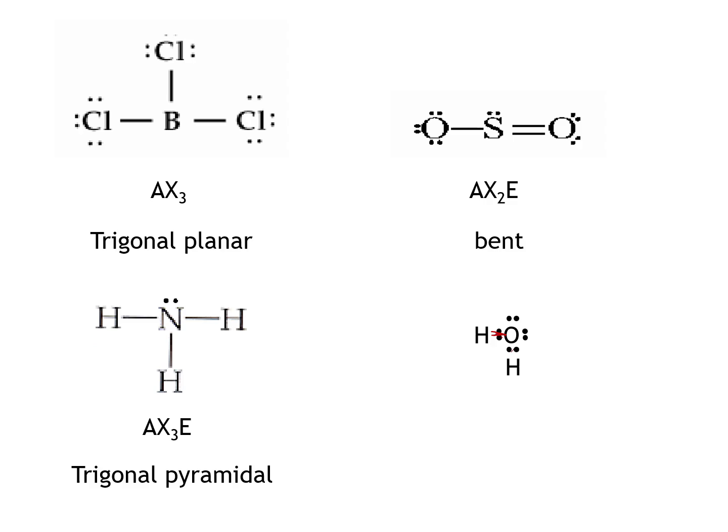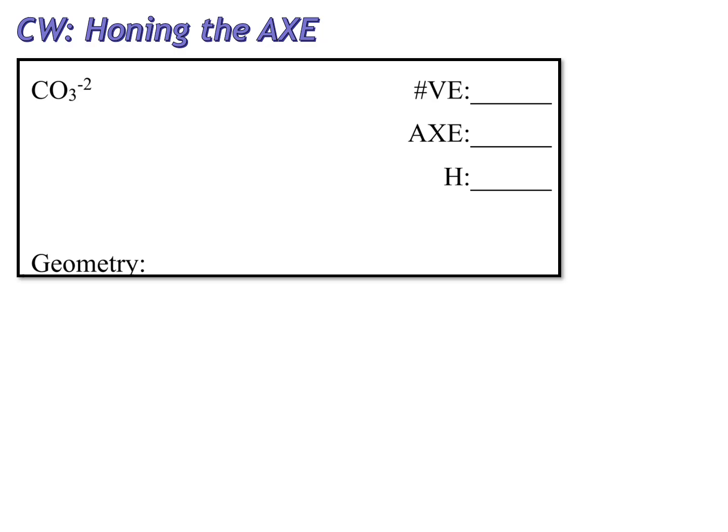Remember, if they're shared between 2 symbols, that means they're bonded to them. So those are bonding pairs. So this is AX2E2. We look it up on the AXₙ chart, and that is bent. And it's the bent structure of water that is why it has some of the really weird properties that it does.